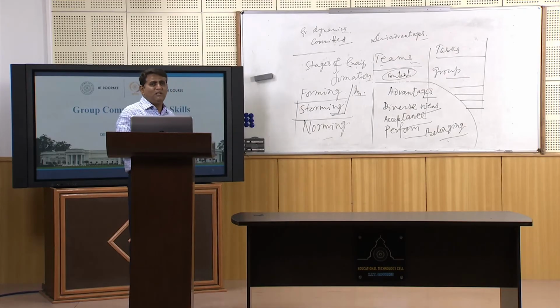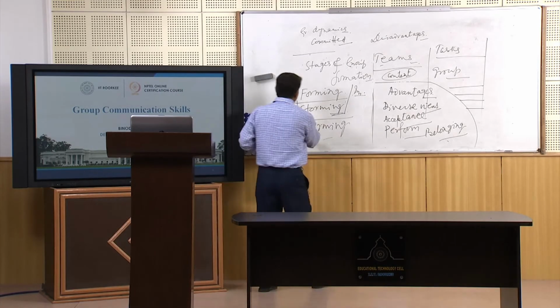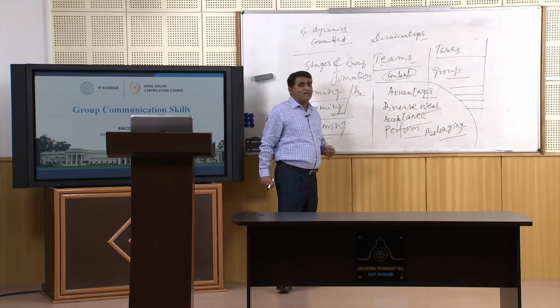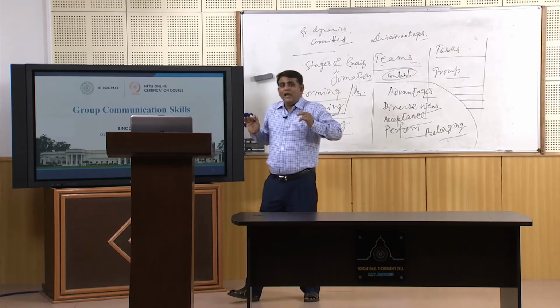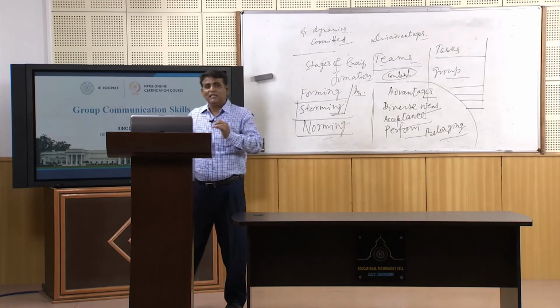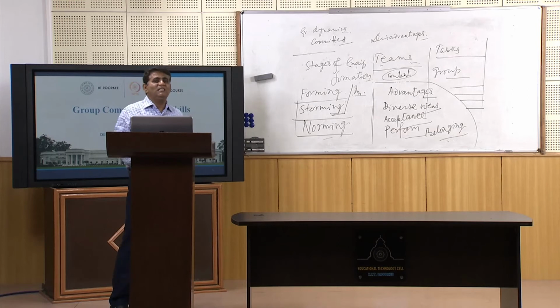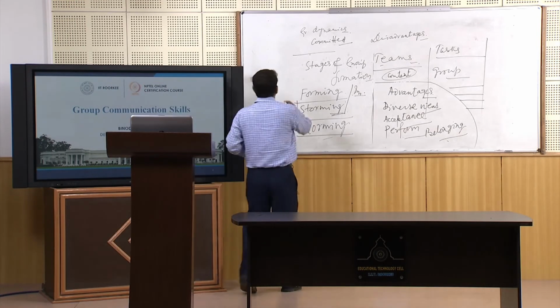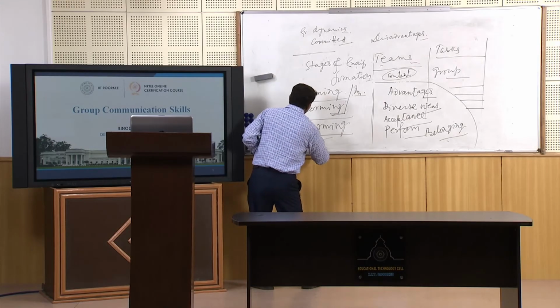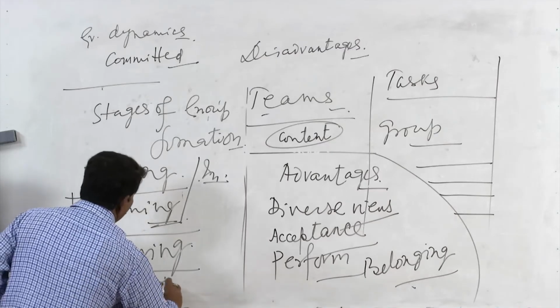So during this period, after having filtered, a sort of normalcy is there, and this normalcy will bring people closer, so that when they realize their goals, when they realize the diversity of their views, they decide that they have to perform. So finally they decide that they will perform.